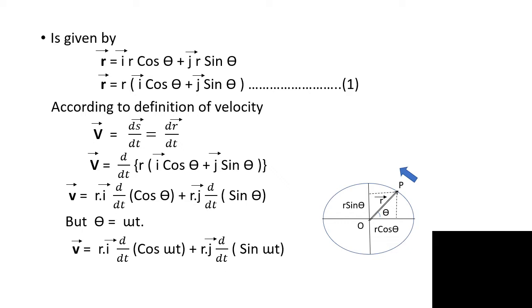So v bar equal to d by dt of r into i cos theta plus j sin theta. Solving this, we get v bar equal to r into i into differentiation of cos omega t plus r into j differentiation of sin omega t, since theta equal to omega into t, the particle is revolving with constant angular velocity omega.